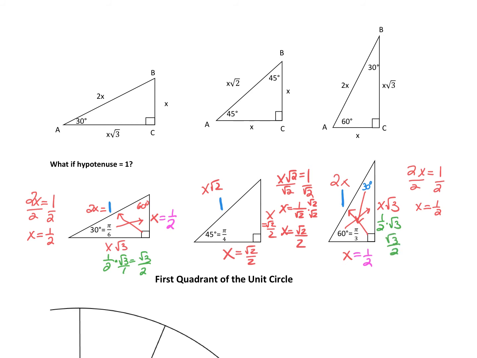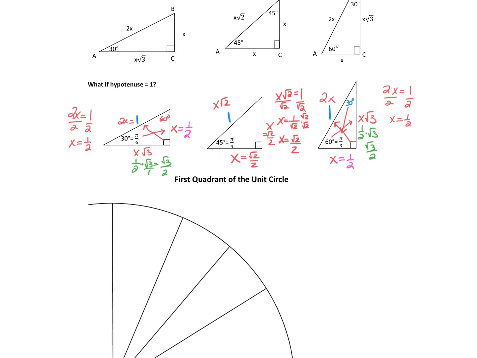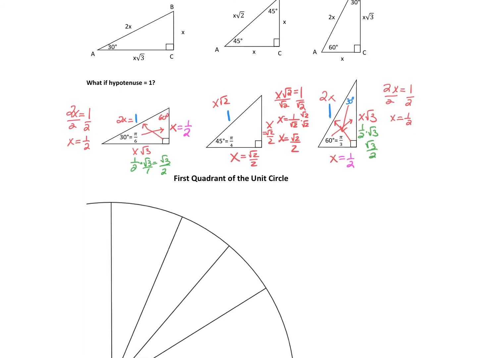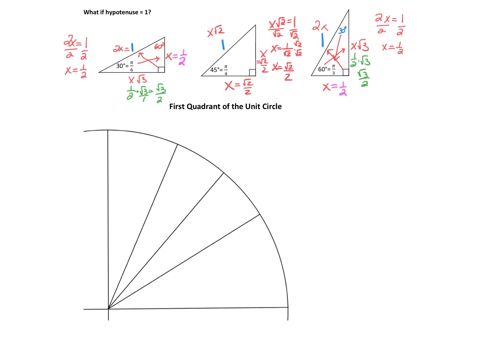All right, now we're going to place these triangles on my unit circle down here. The first thing I'm going to do is place this 30-degree triangle, and it's going to go right here. So this is 30 degrees.